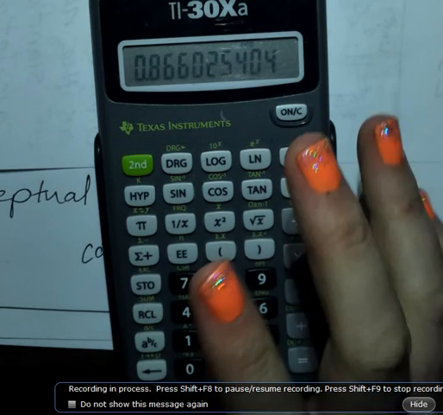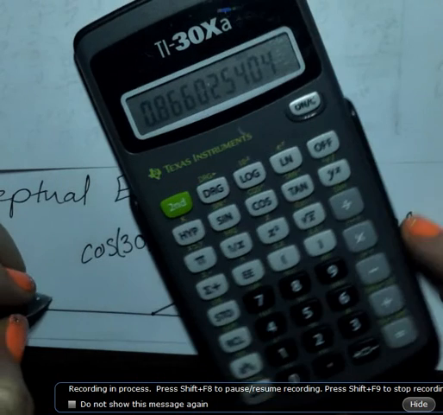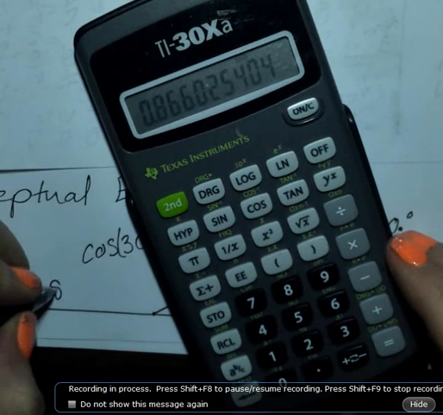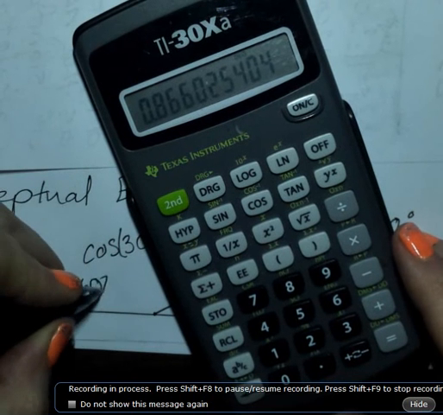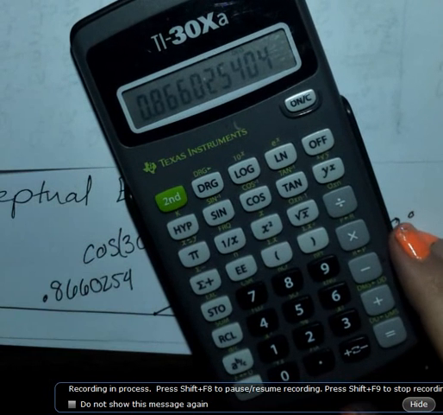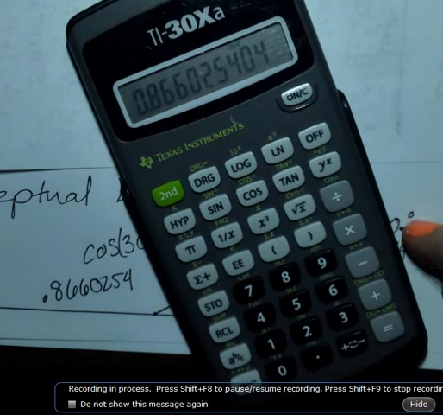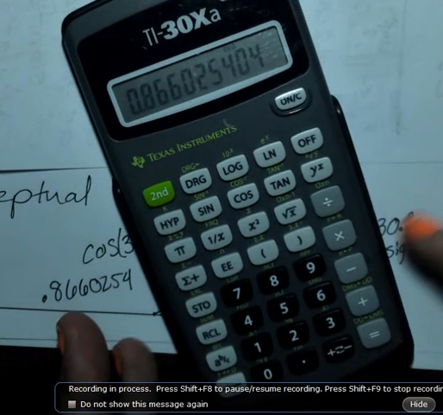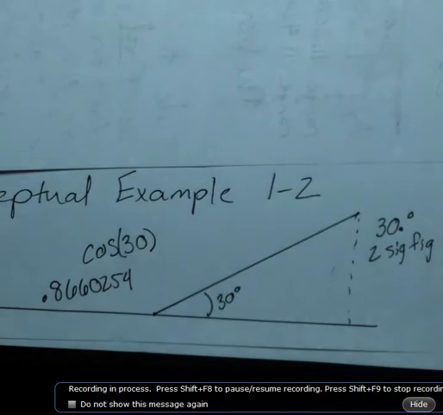So the cosine of 30 degrees, according to our calculator, is 0.8660254. And I could go on to say 404 if I wanted, but I'm going to stop there because I think you probably have a good idea right now that most of these digits aren't really going to be very helpful to us.